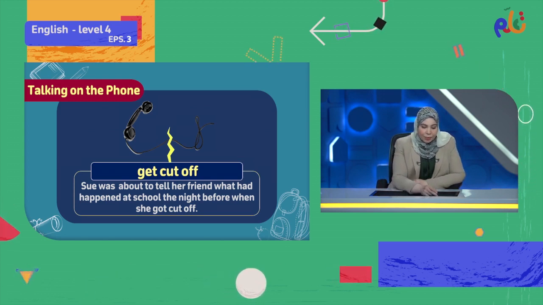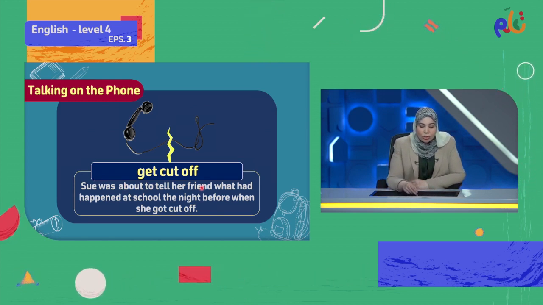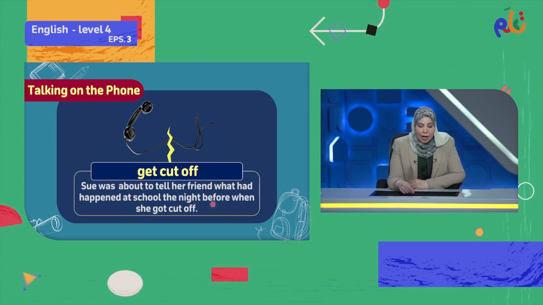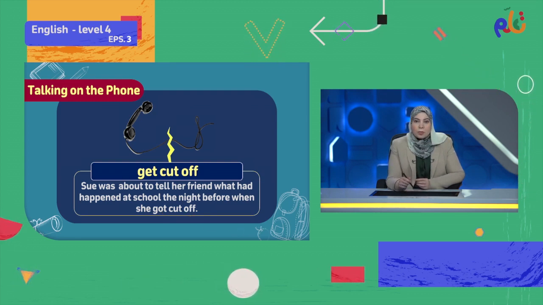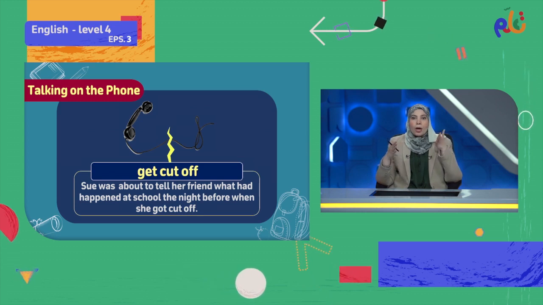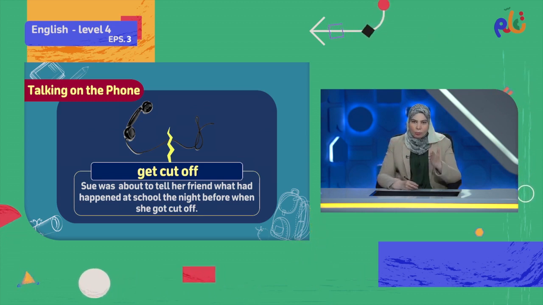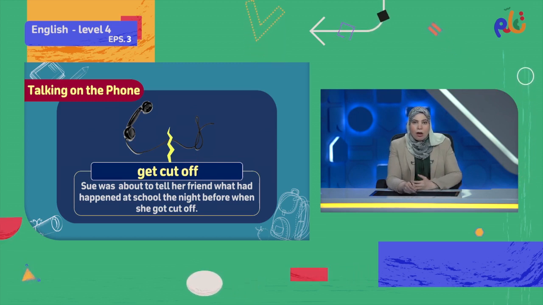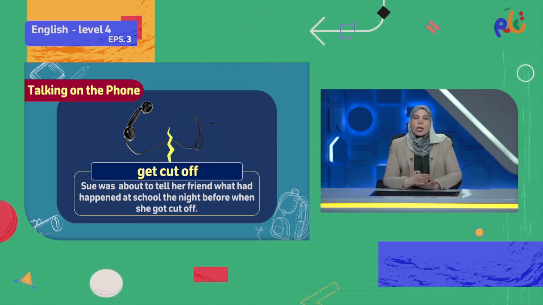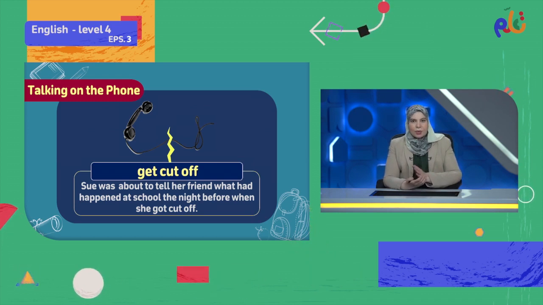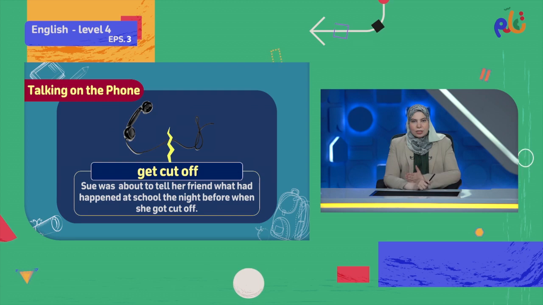The example here: Sue was about to tell her friend what had happened at school the night before when she got cut off, which means when the line got disconnected or when the call stopped. So when someone gets cut off means the call stops in the middle or the line disconnects. So this is called get cut off.